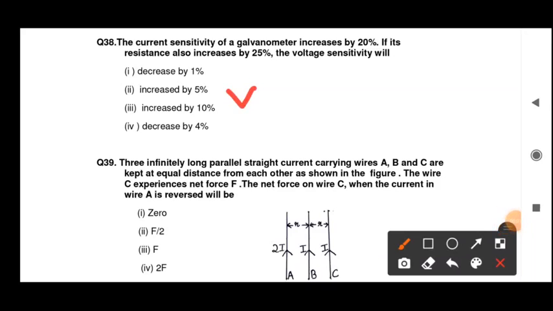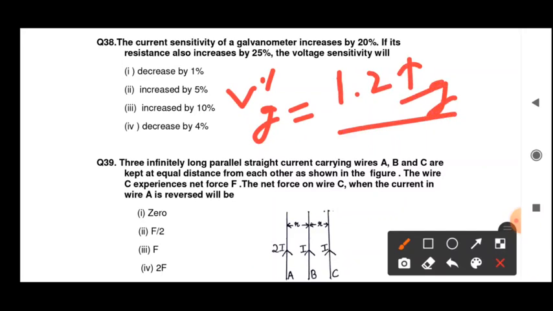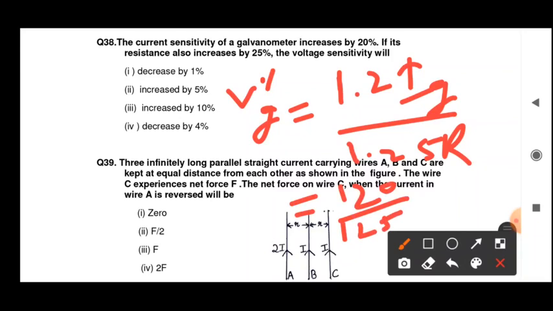Now this V dash G is equal to I dash G by R. I dash G has value 1.2 Ig, and R has value 1.25 of R. Now you can solve this, and it is obtained as 120 upon 125.